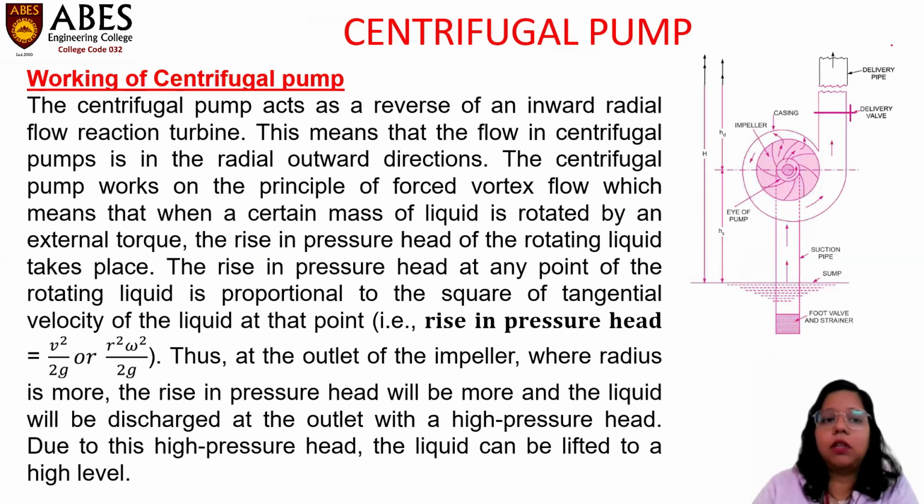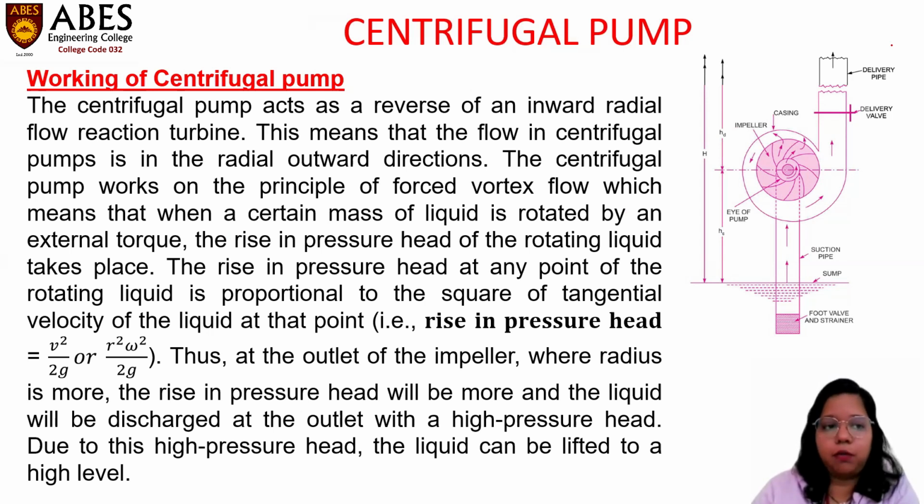Now, the question is how the centrifugal pump works to lift the water from a lower end to the higher end. The centrifugal pump acts as a reverse of an inward radial flow reaction turbine. This means that the flow in a centrifugal pump is in the radial outward direction.